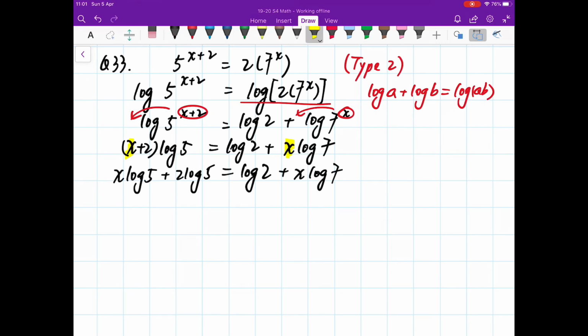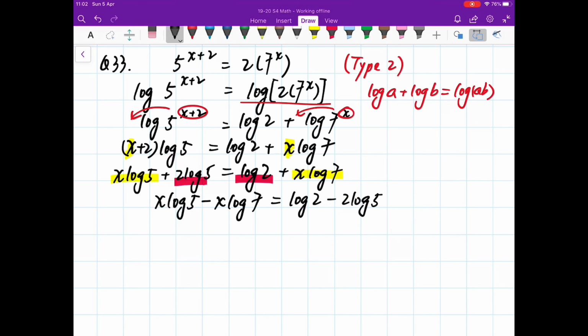And then for the terms with x, I will put them on one side, while the terms without x, I will put on another side so that it will become x log 5 minus x log 7, while for the right hand side, it will become log 2 minus 2 log 5.